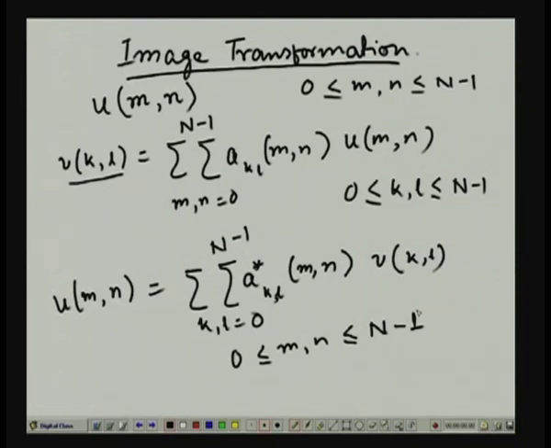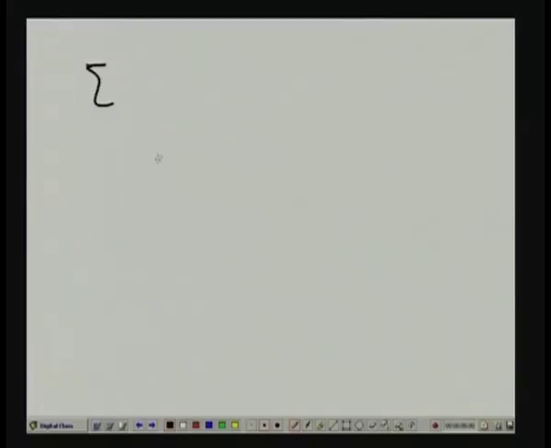Now, what is the orthogonality property? What is meant by the orthogonality property in case of the matrix? The orthogonality property says that for this matrix A, we take A k l m n into A k dash l dash m n.